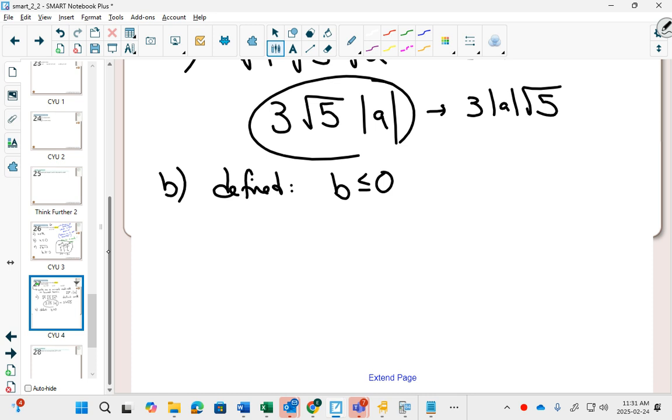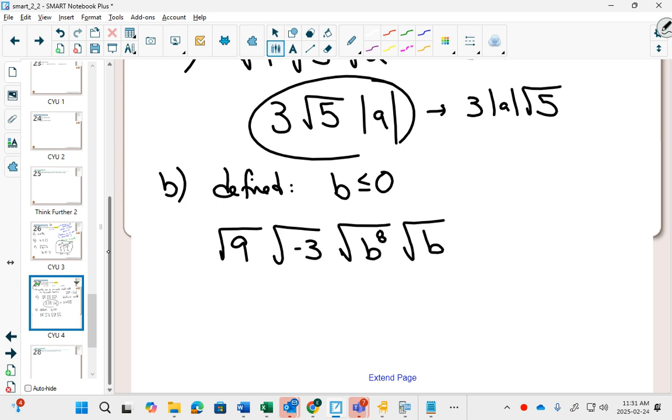Now I'm going to show my work like I did in A, and I'm going to run into a little bit of a problem. So, can you break up 27 with a, it's going to be 9 again, right? So it'd be 9, it's negative 27, negative 3, and then b to the 9, I'm going to break up with b to the 8 and b.